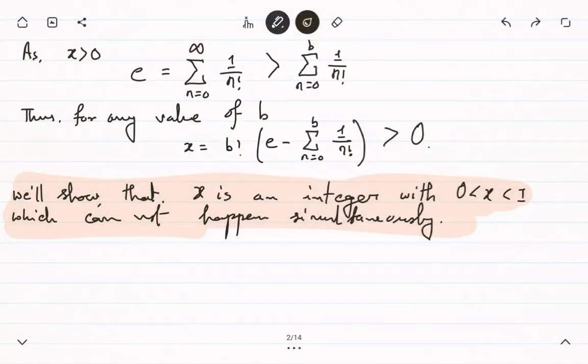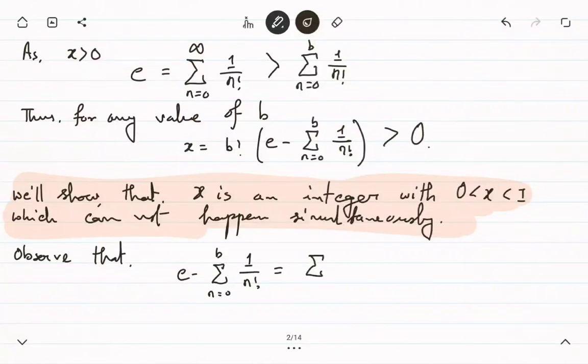You observe that e minus the sum over n equals 0 to b of 1 by n factorial can also be written as the sum over n equals b plus 1 to infinity of 1 by n factorial, so both are the same.